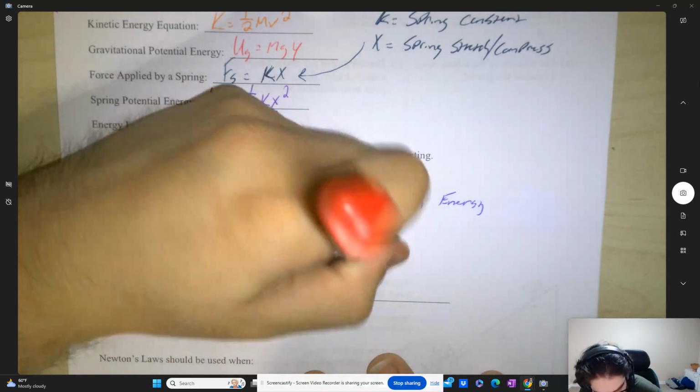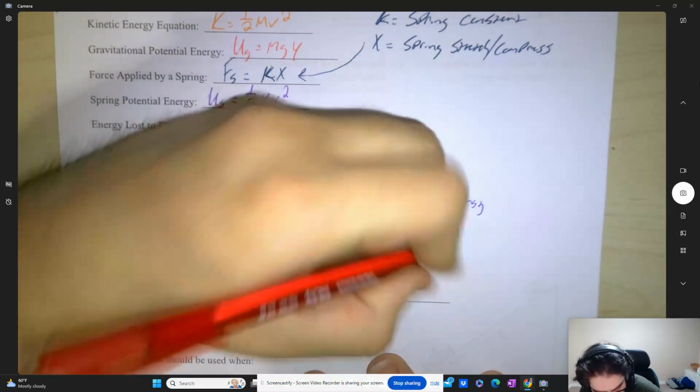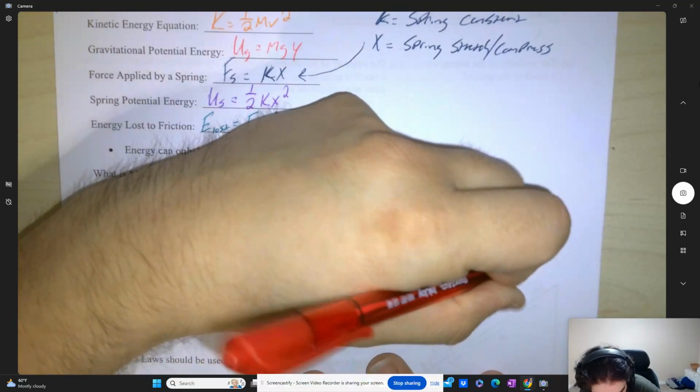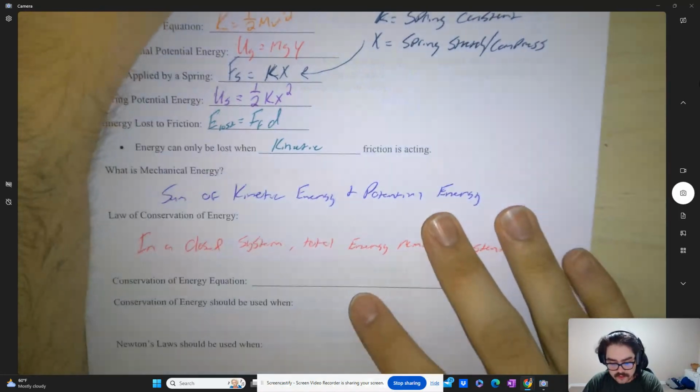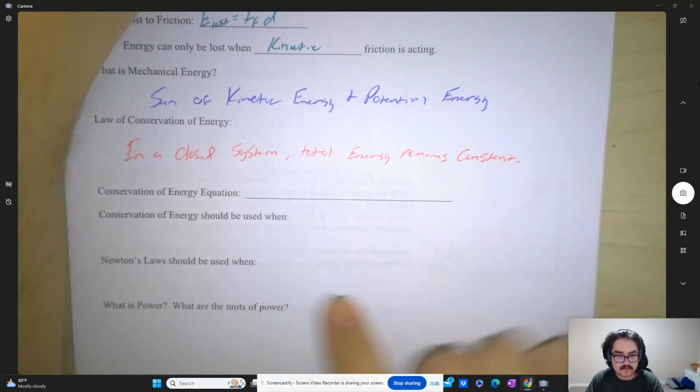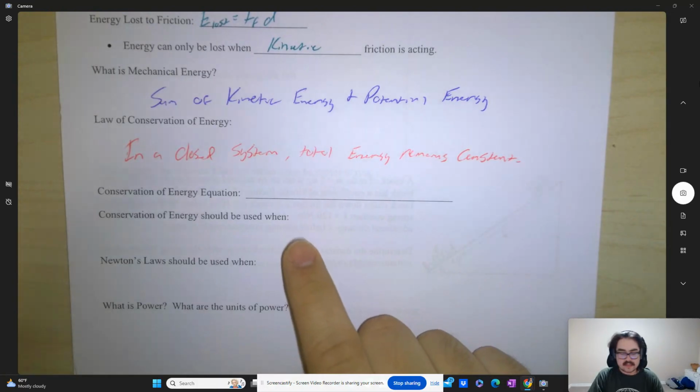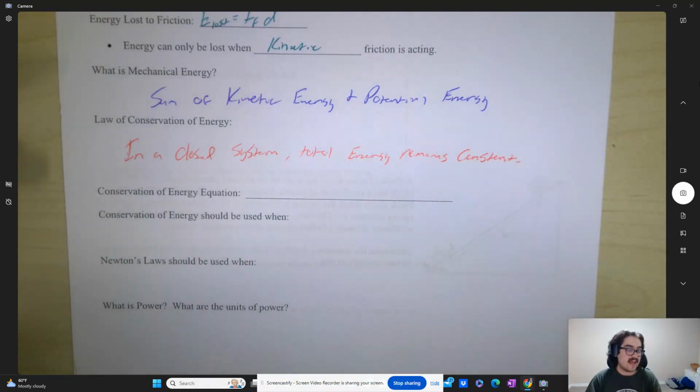The conservation of energy equation simply states that whatever energy you start out with needs to be the same as whatever energy you end with.